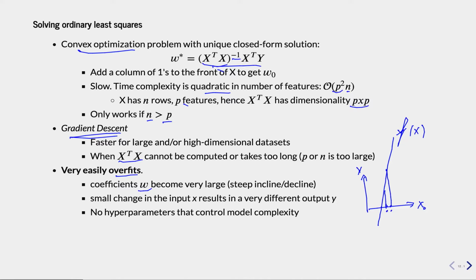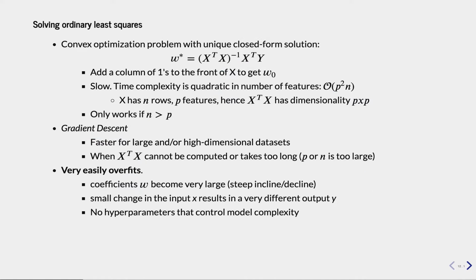Also, ordinary least squares has no way to control this complexity. So whenever you find an overfitted function, there's no way in the model itself to resolve this problem. That's the reason why we typically never use ordinary least squares in most applications.